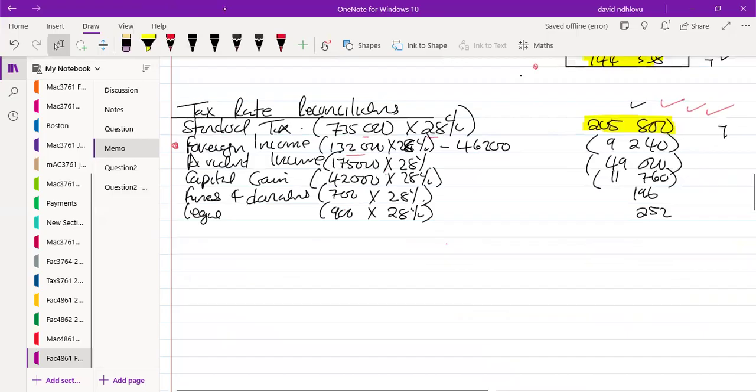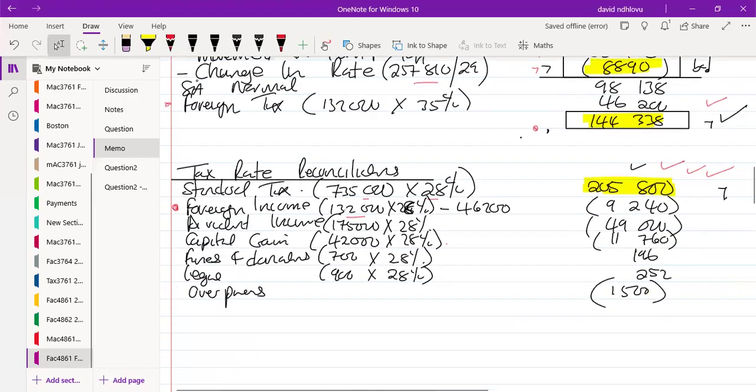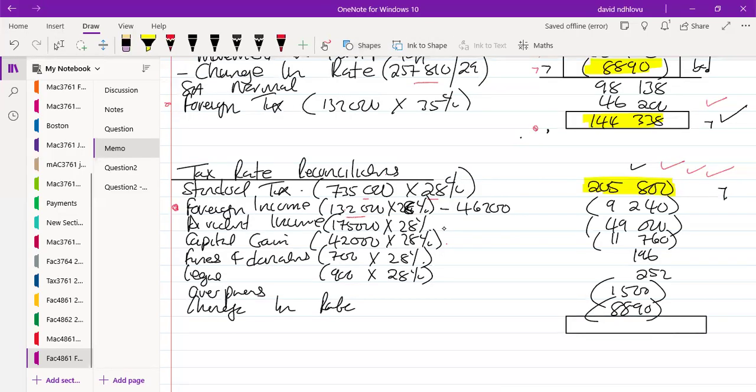So we bring down the over provision, right, which was 1.5. In calculating this amount, it was deducted from the current tax. In calculating the impact of deferred tax, we had also deducted 8890, which is the change in rate. Right, then you add everything.